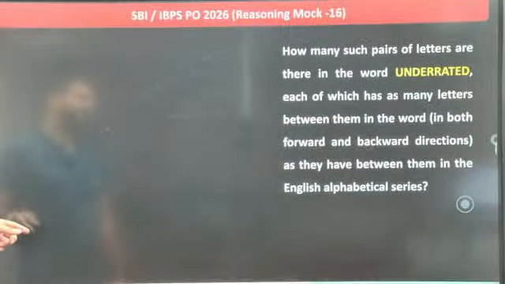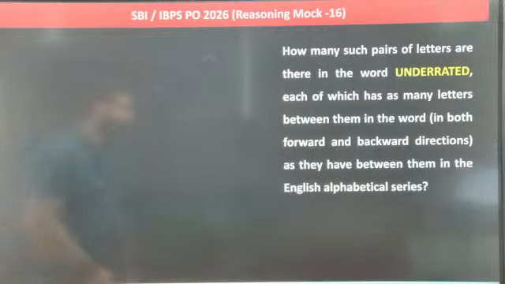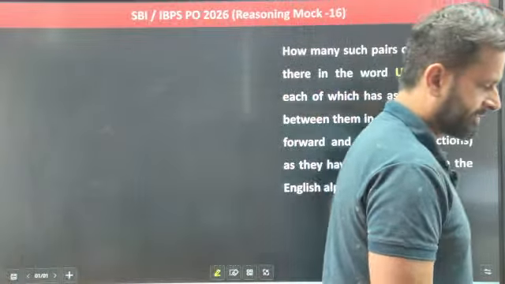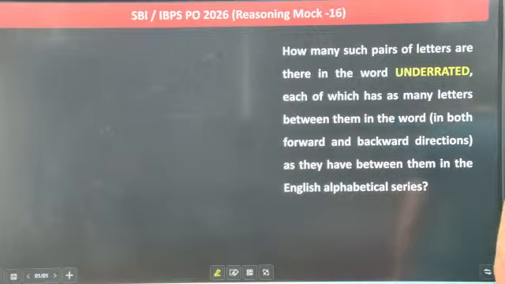Pair finding. The word given is underrated. Alphabet test. Number of pairs both in forward and in backward direction.